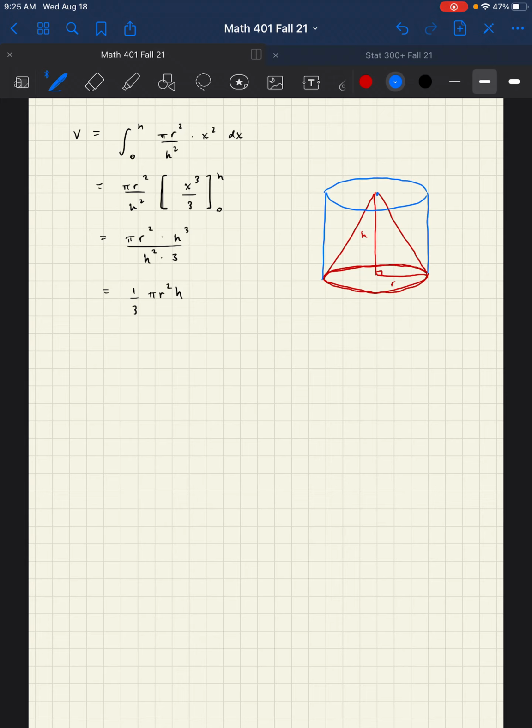So it's like you have a cylinder that has the same base and the same height, right? So this is h again, this is r. Then the volume of the cylinder is 3 times the volume of the cone. Very weird, isn't it? But it's true.